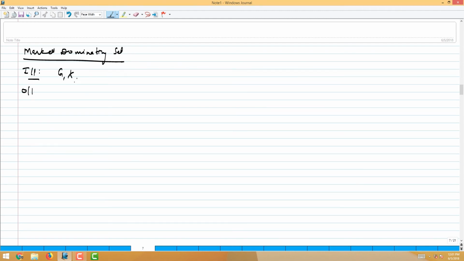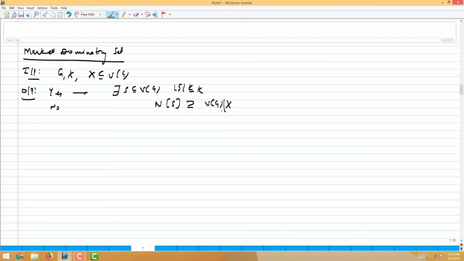Okay, so in the Mark dominating set, suppose I'm also given a set of vertices x, and the output is yes or no. It is yes if there exists a set S of size at most k such that it dominates G minus x.